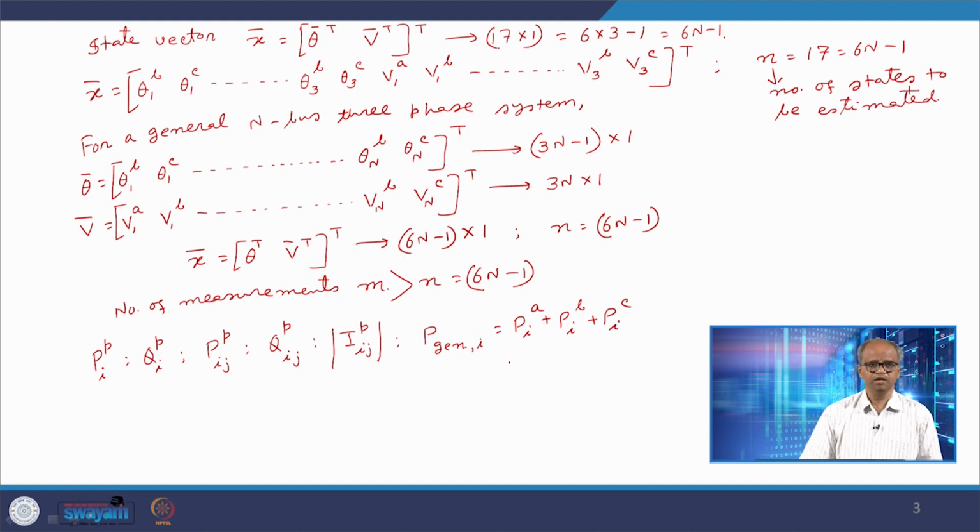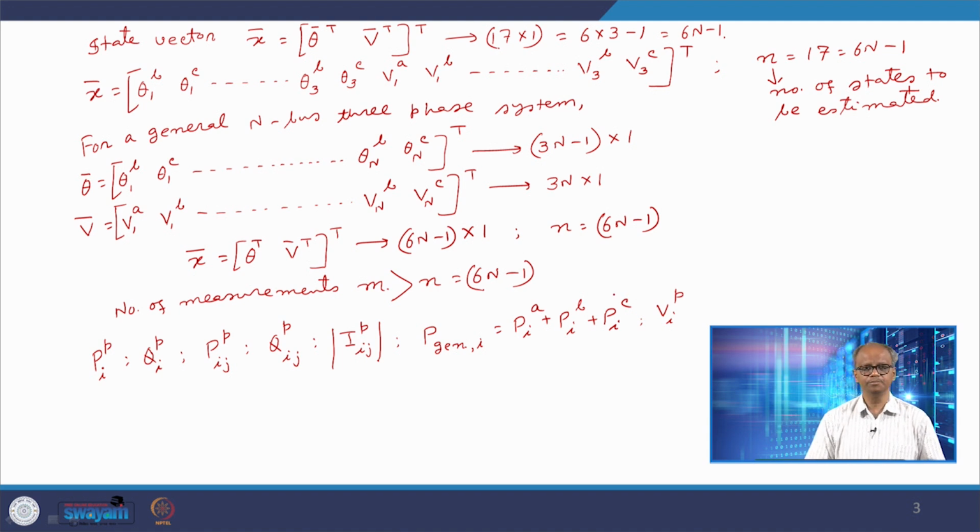P generator I means the generated power by the generator located at the ith bus, because it is the total 3 phase power. So this 3 phase power would be nothing but the sum total of the real power generated in phase A plus phase B plus phase C. So these are the types of measurements, and also the measurements could be VIP.